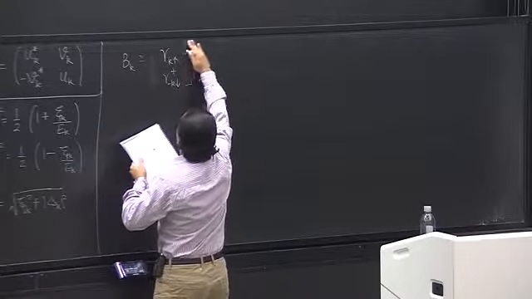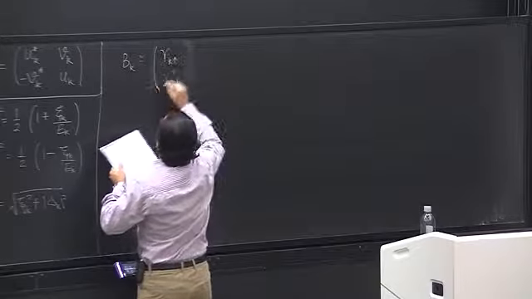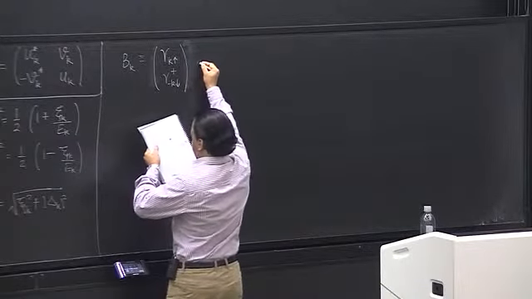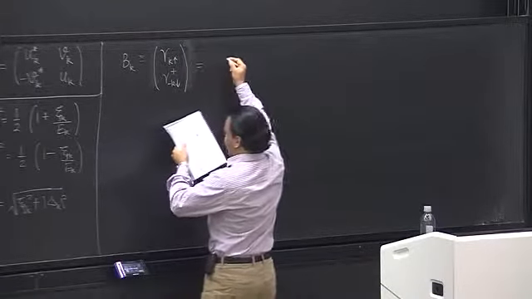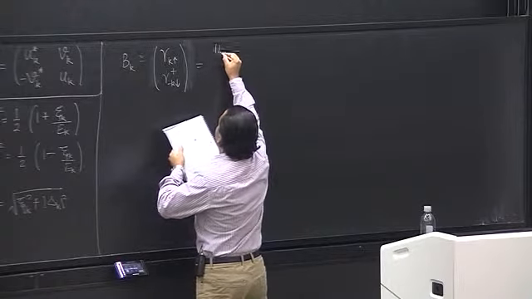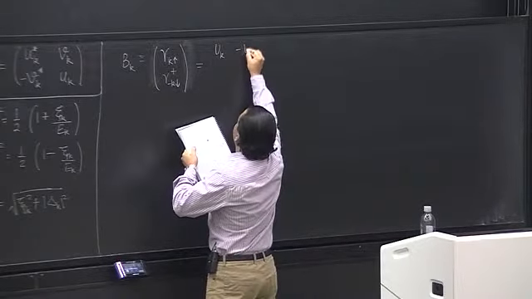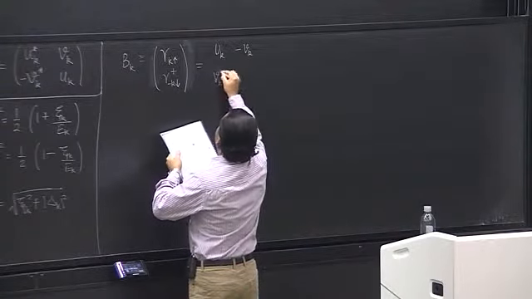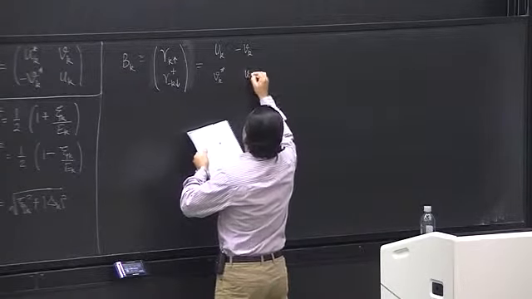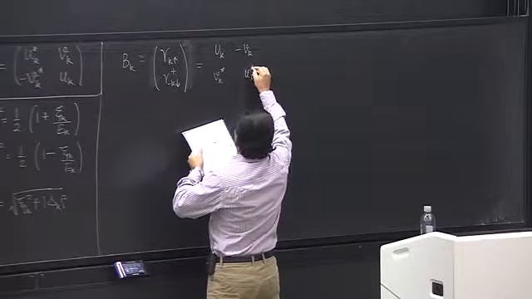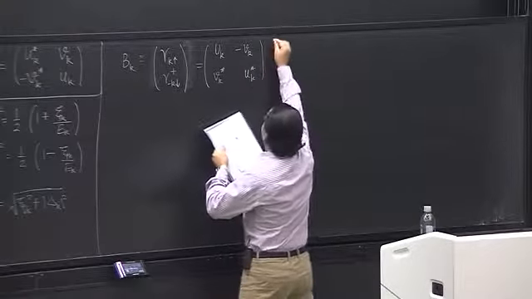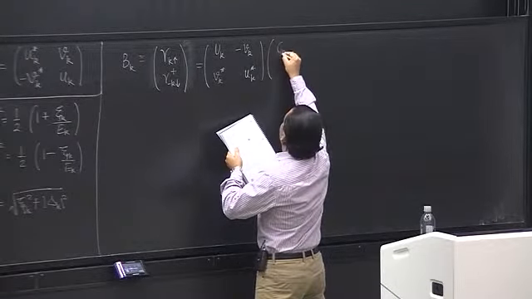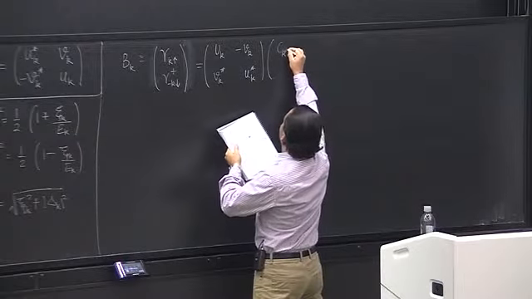Let's use simple brackets. This is the same as UK, minus VK, VK star, UK star, and now you have the electronic annihilation and the creation operator.